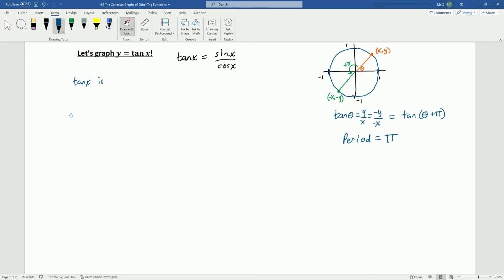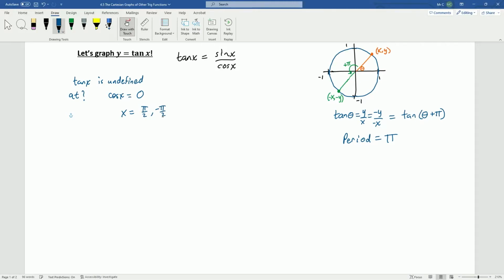Tangent of x is undefined where? Well, it's wherever cosine of x equals 0. And so which x values do we get? Well, we know cosine of x is 0 at pi over 2. And we also know it's 0 at negative pi over 2.